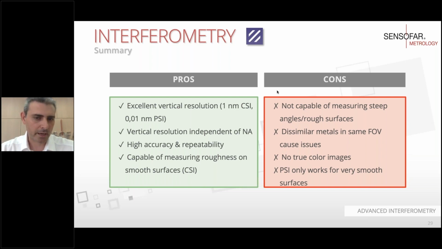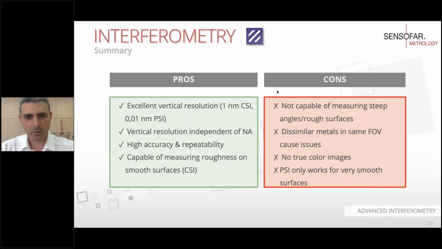That's the case for confocal and focus variation, where you need relatively high numerical apertures to get very low system noise. This is not the case for interferometry, because as we have seen today, the vertical resolution depends on the properties of the light source, the coherence length, basically. So you have high accuracy and repeatability, and it is able to measure very smooth surfaces and rough surfaces too.